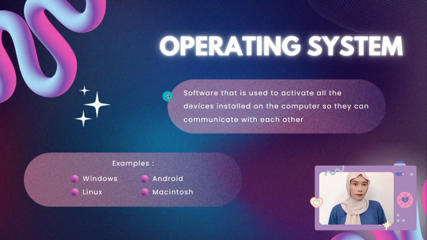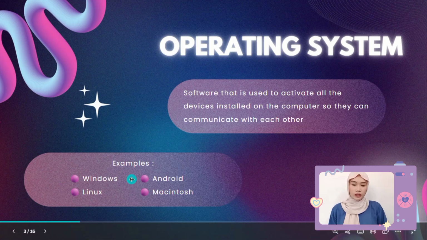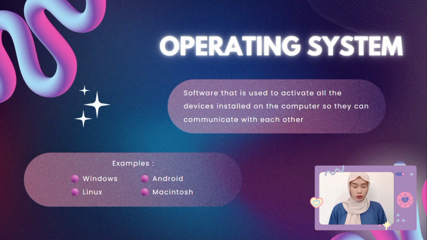Like when I turn on my phone, I see the word Android, so the operating system my phone uses is Android. Here are more examples of operating systems: Windows, Linux, Android just like my phone, and Macintosh or macOS, which is used on Apple's products.